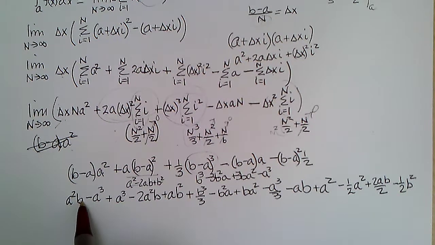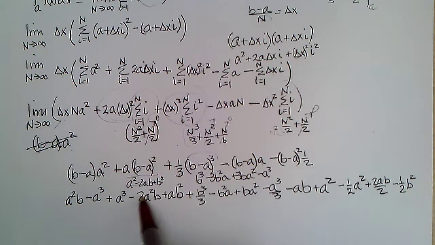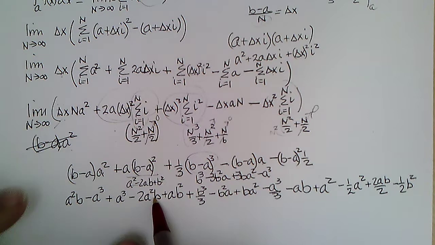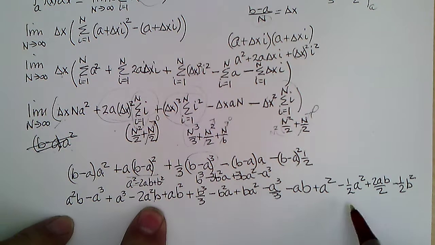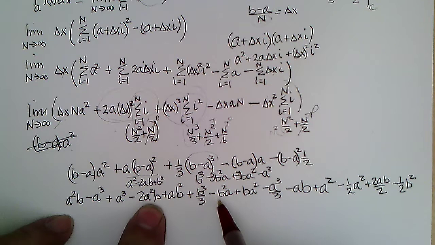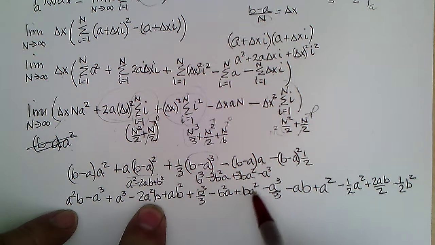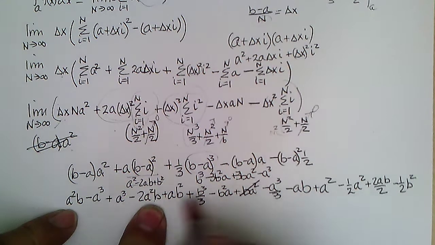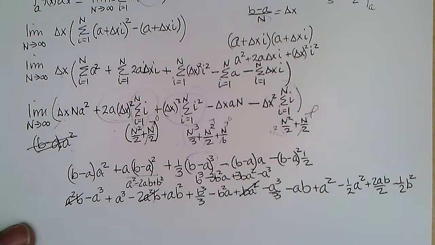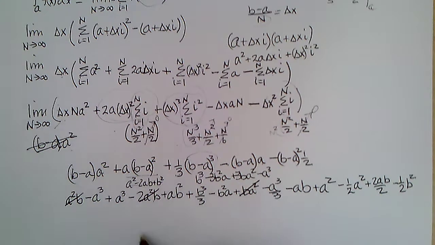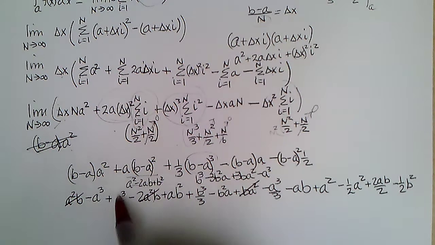A squared b minus 2a squared b's. So now I'm at minus 1 a squared b. And I've got plus a squared b. Those 3 will cancel out. All right. I have minus a cubed plus a cubed.